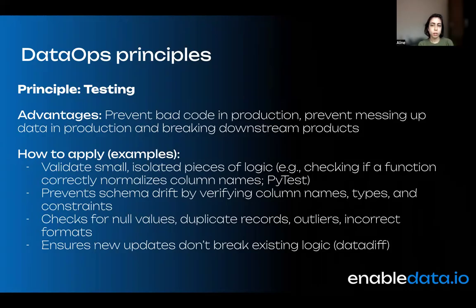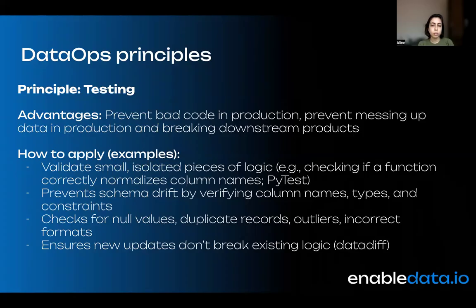For example, if a function correctly normalizes a column's names, you can write a test that will test that function easily if it's that isolated piece of logic. If it's a big function that does a lot of things, that won't work.